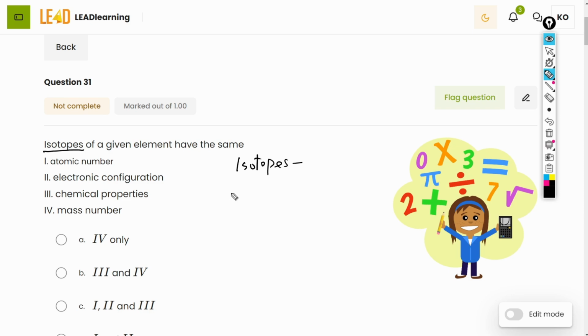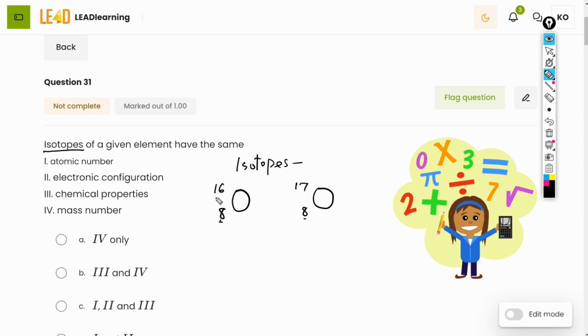For example, if I pick oxygen, I have oxygen with proton number 8 and mass 16, then I have another oxygen with proton number 8 but mass 17. The proton number determines the identity of an atom, and that's why both of them are still oxygen, because the proton numbers are the same.